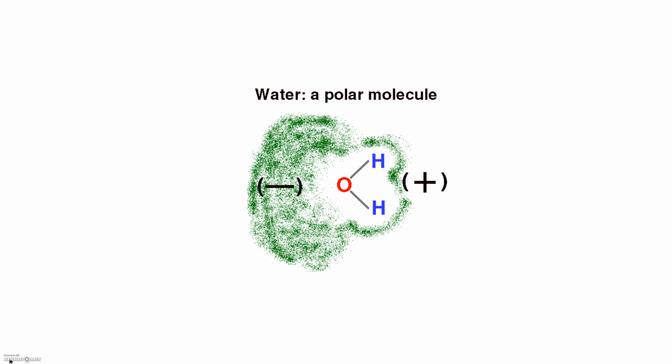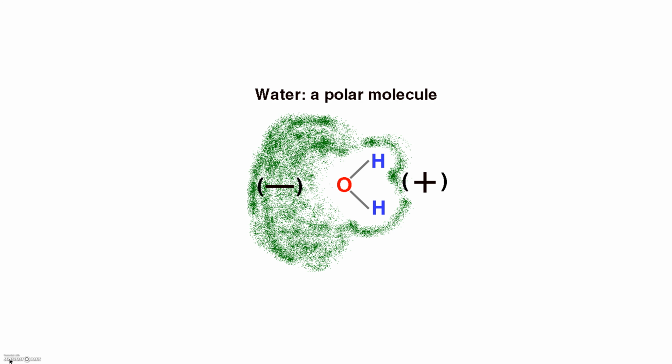And basically what polar molecules are is that they're being attracted to other polar molecules. So that's what makes water such an important and special thing, because the different properties of water can be attributed to its polarity.